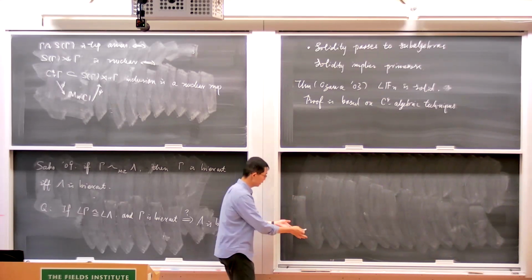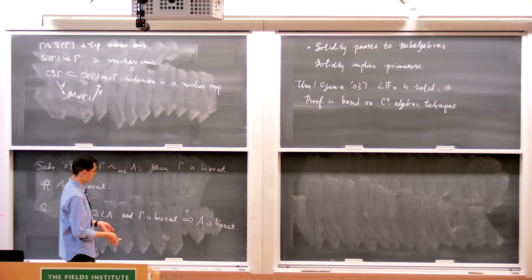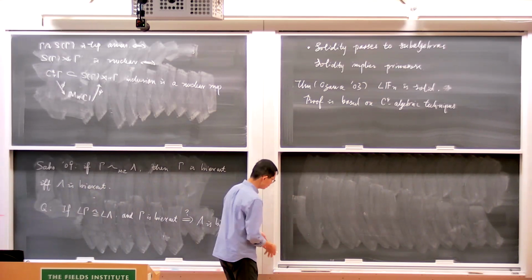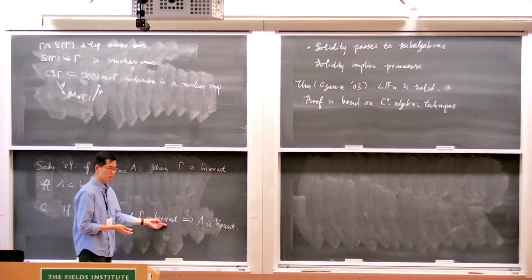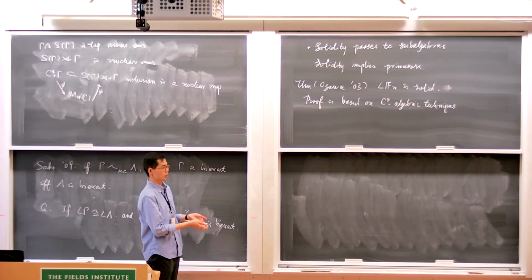Just like many other group properties that are also von Neumann algebra invariants, like amenability and property T, what you usually do is try to introduce the corresponding notion for the von Neumann algebra and show that it actually coincides with the group notion when you restrict to group von Neumann algebras.